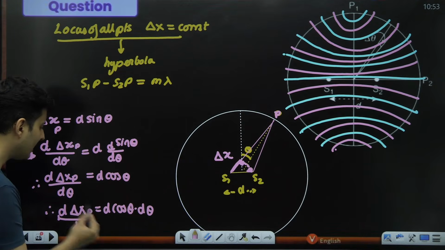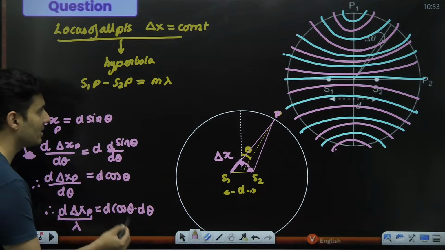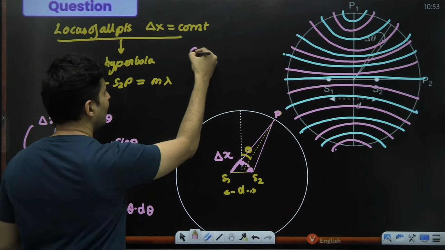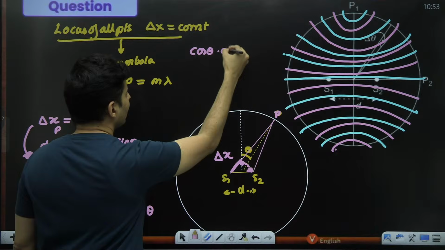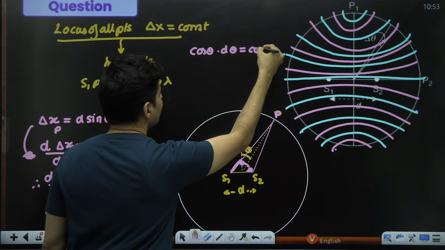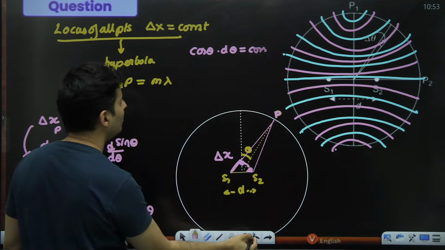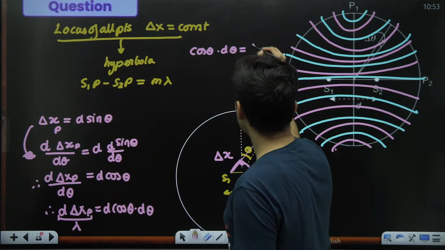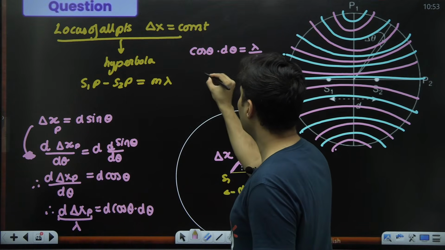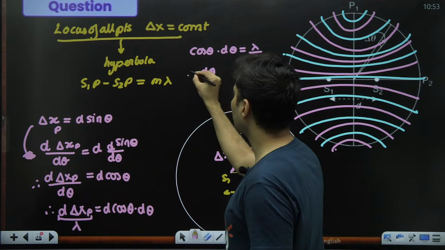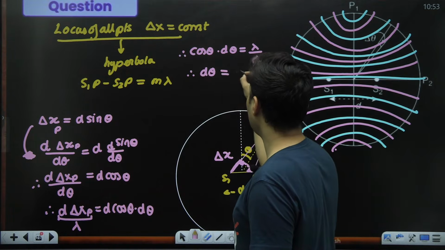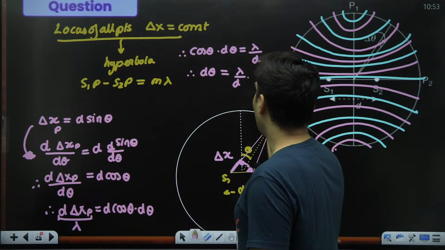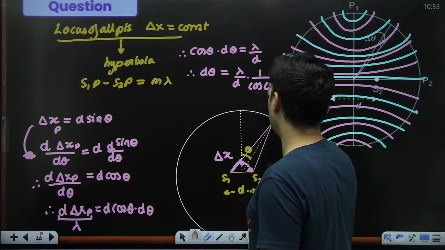So this left hand side is a constant, d is a constant. So from this, what we get is cos theta into d theta is basically a constant, or if you don't like that constant word, it is nothing but lambda divided by d. So therefore d theta will be lambda by d, and you have cos theta over here.